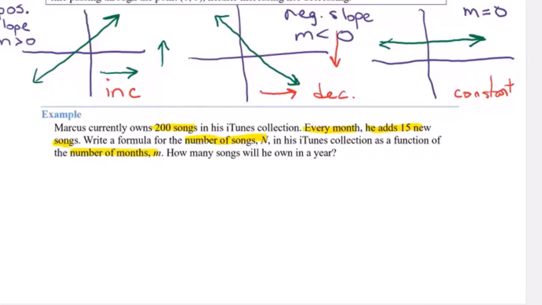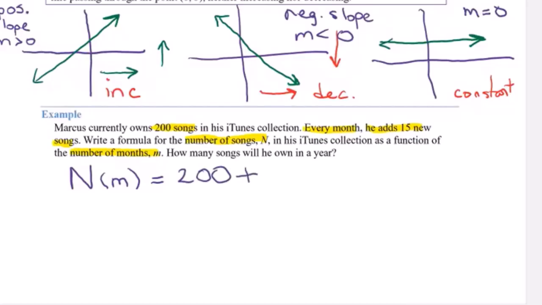Okay, so we can start by saying that the number of songs he has as a function of the number of months that we're counting is going to equal, and again, we're going to start with our starting value. Marcus currently owns 200 songs. So we can say this is 200.